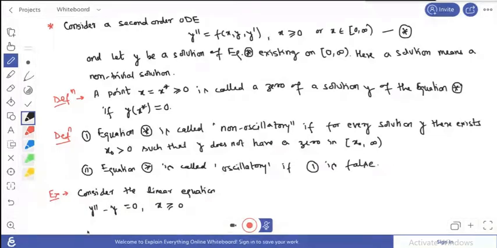What is the general solution of this differential equation? The auxiliary equation is m square minus 1 equals 0, so m square equals 1, so m equals plus minus 1.